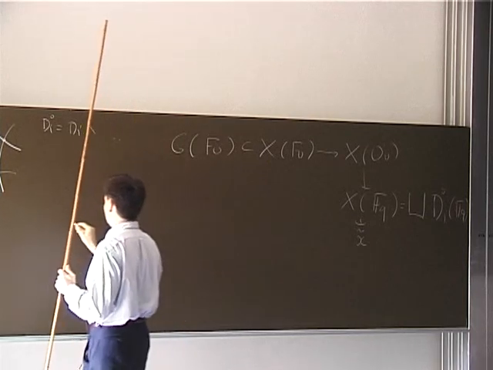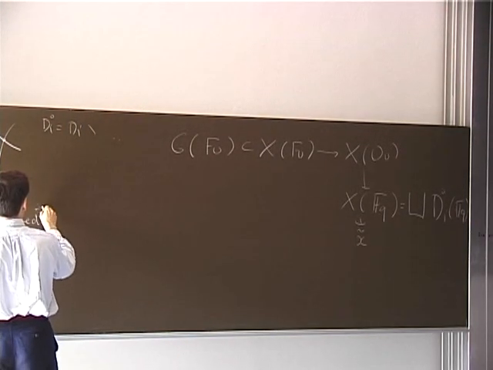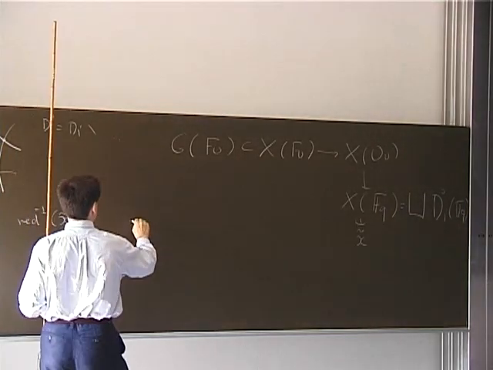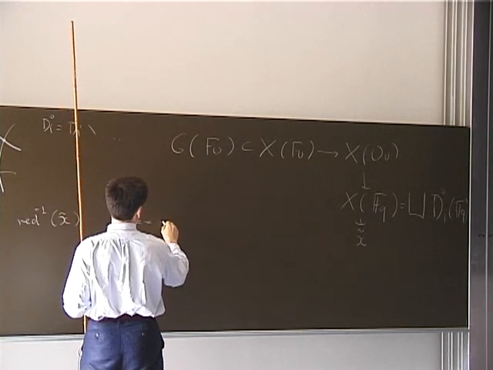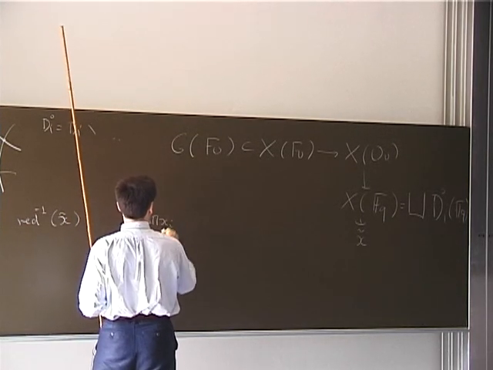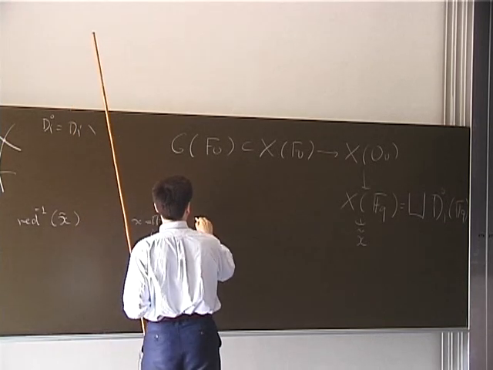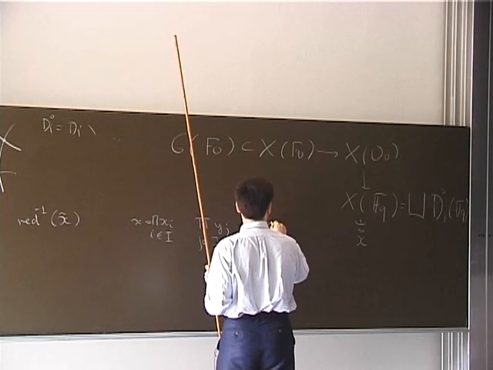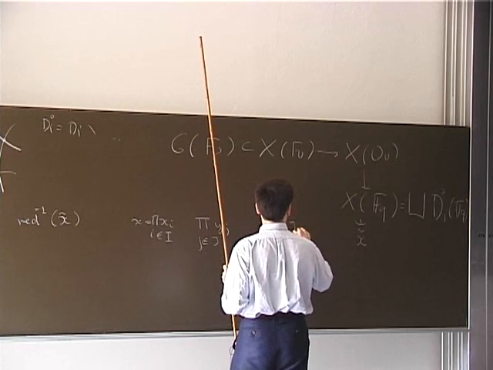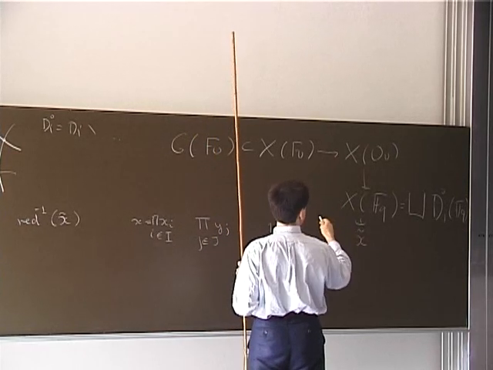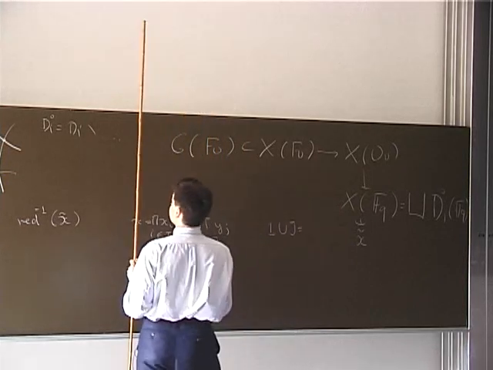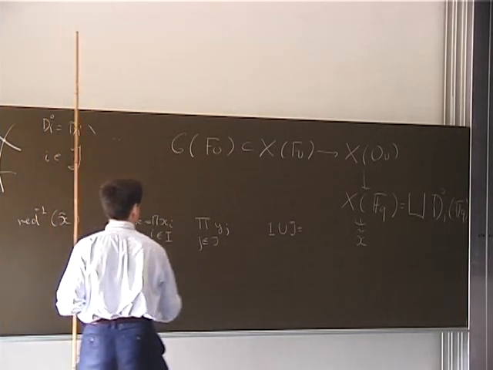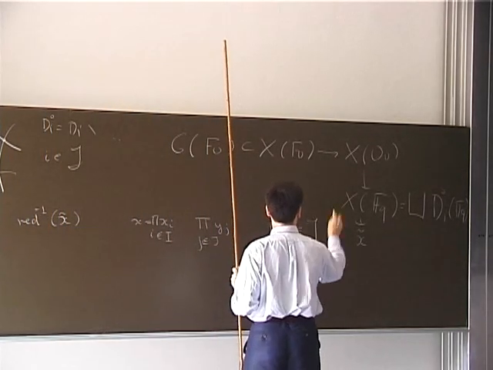In the preimage of x tilde, we have coordinates like this: x_i, where i is in I, and then y_j, where j is in J, and I union J is the set of all indices we have here.